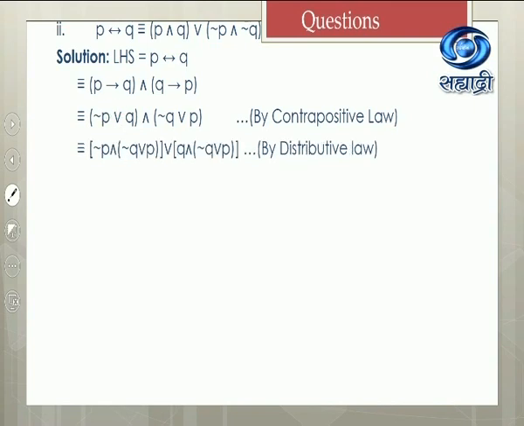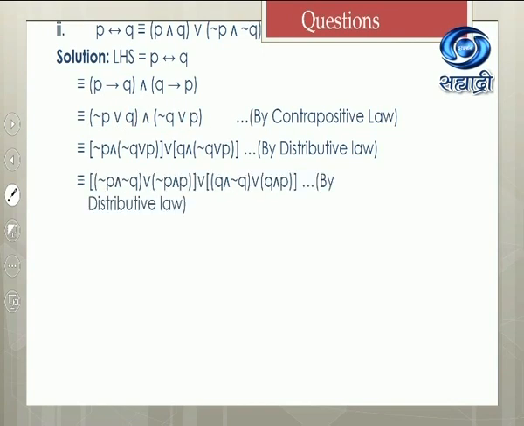Negation of P, consider this, and negation of Q or P. If the entire statement is there in the bracket, you will do it this way. Or will come Q and negation Q or P. Okay, and then we will open up these brackets. So negation of P and Q, or negation of P and P, or comes down as it is, Q and negation Q, or Q and P.